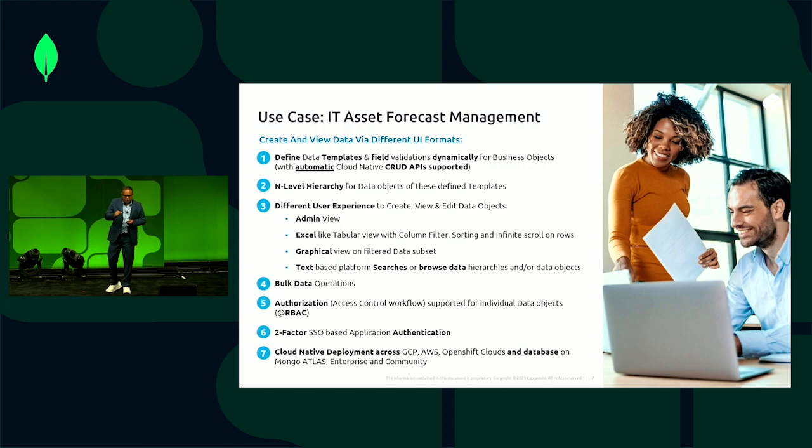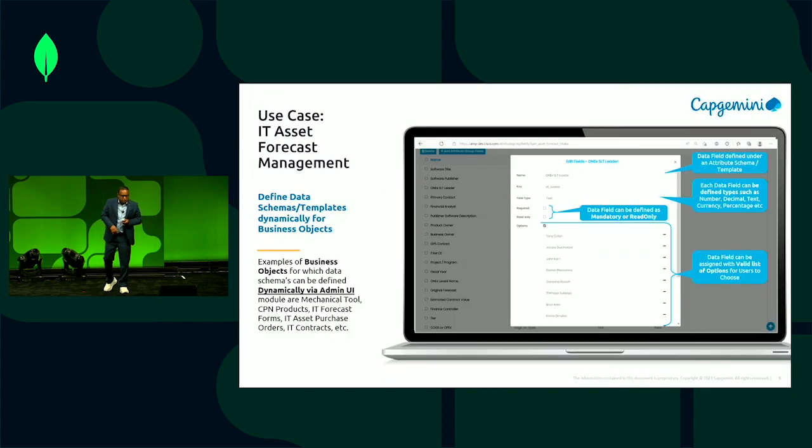So again, the use case of IT forecast management: you define the hierarchies, you define the data, you get the data, you build authorization, two-factor SSO based authorization, and cloud native deployment across the clouds, which is GCP, AWS, OpenShift and others. This is what I was trying to show.